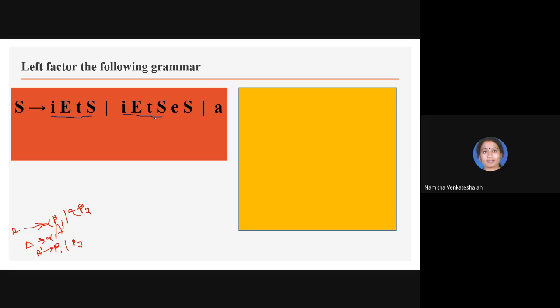So beta 1 is epsilon and beta 2 is eS. Okay, so look here what I have written. I have written S produces iEtS S dash, because iEtS I have considered as alpha, and here nothing is there, so that nothing will be beta for this case, and here eS will be beta.